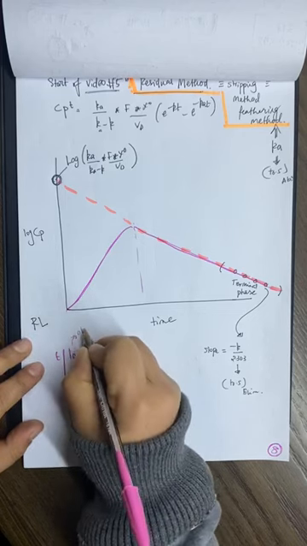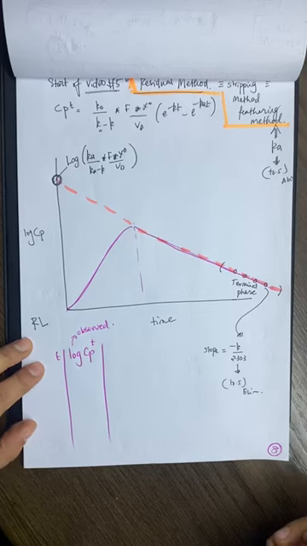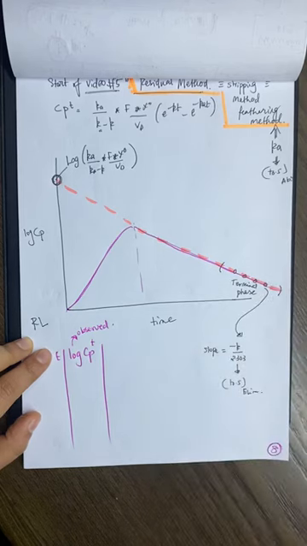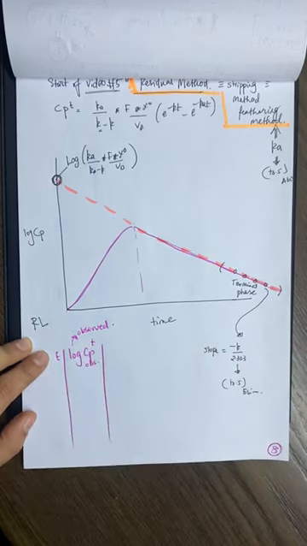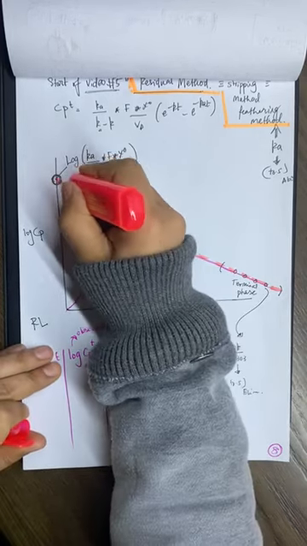This we will call the observed concentration or measured concentration, right? Because it's what we already measured. So this will be observed.